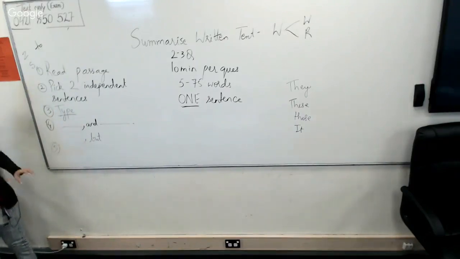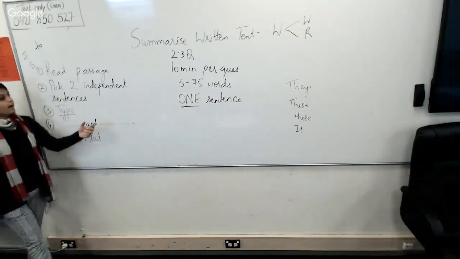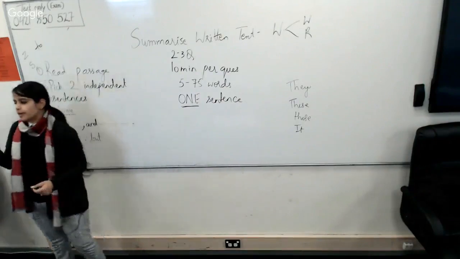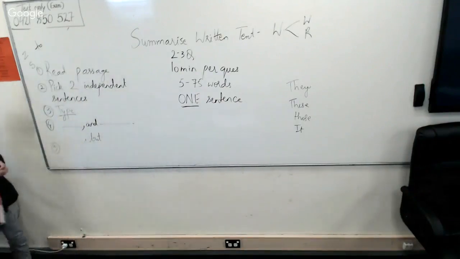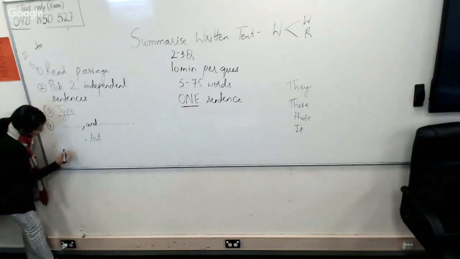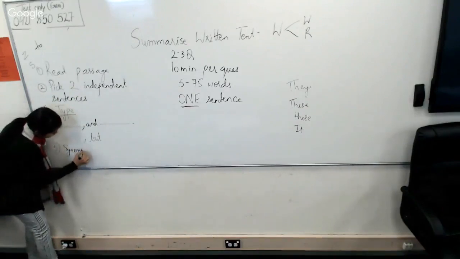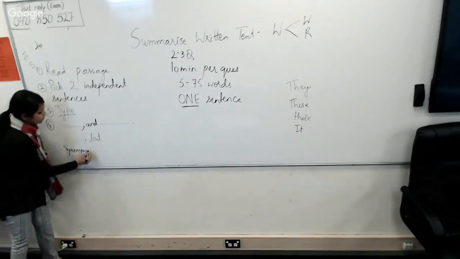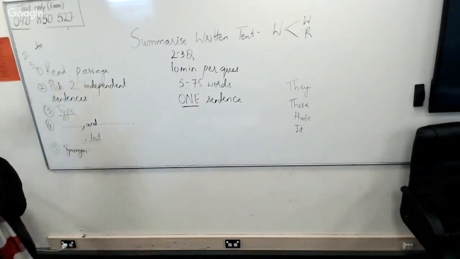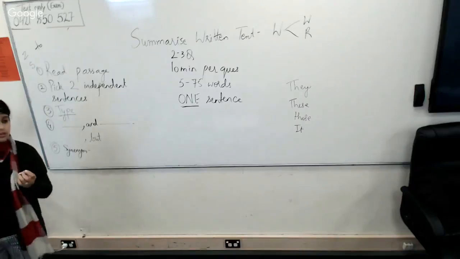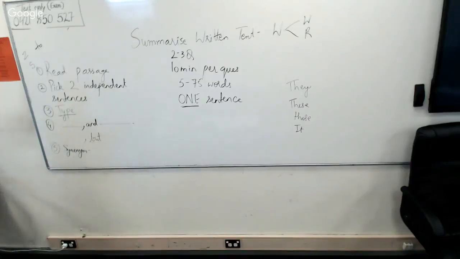After combining these two sentences, you make a change which can be either number 1, a synonym change, which is, let's say, people with disabilities face a lot of difficulties.